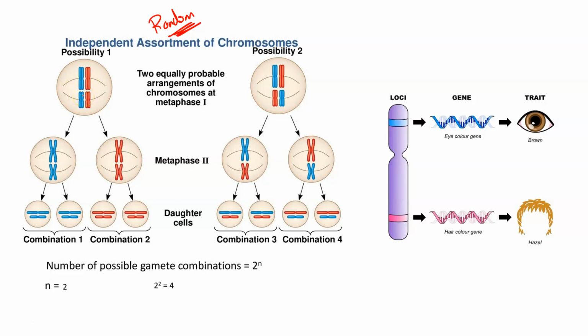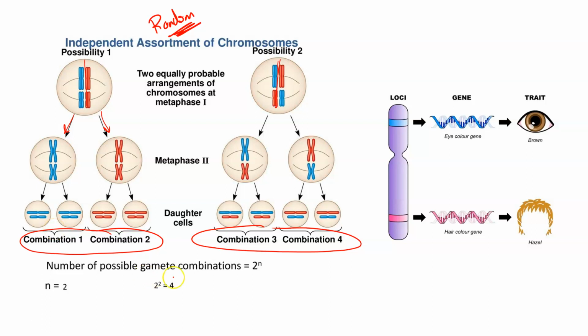They line up completely randomly and independently of each other, and based on how they line up, the homologous chromosomes will separate, and through independent assortment you get multiple combinations, which are all genetically unique. How the chromosomes line up dictates ultimately the genetic makeup of the haploid gametes through independent assortment and segregation.